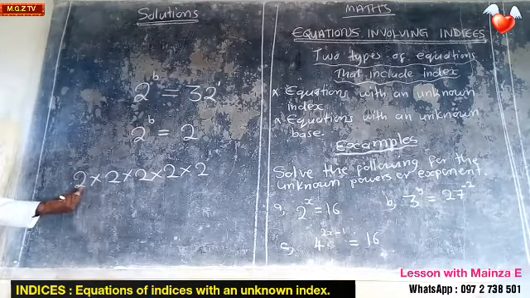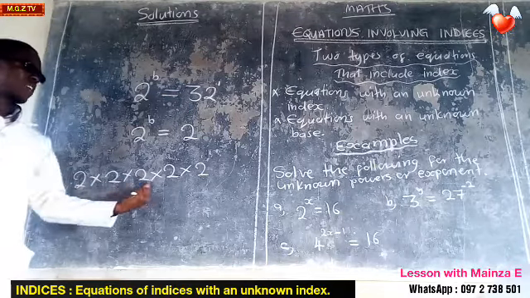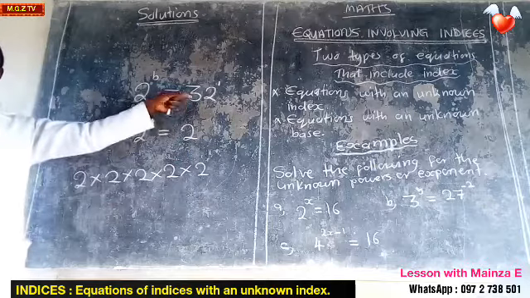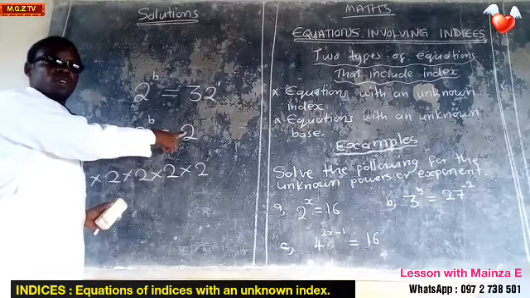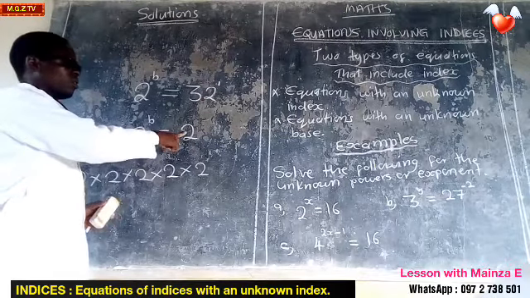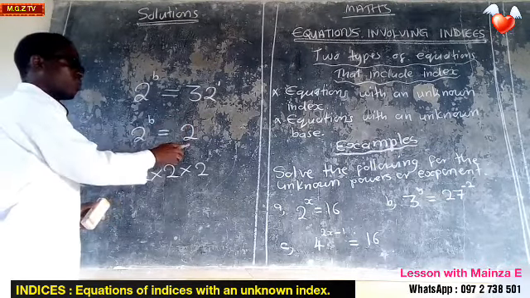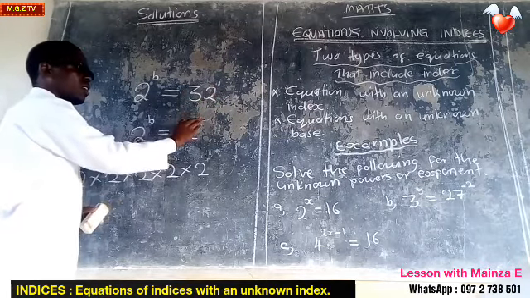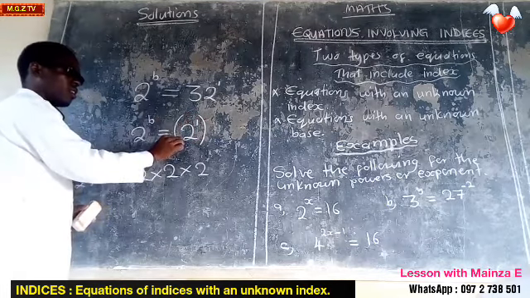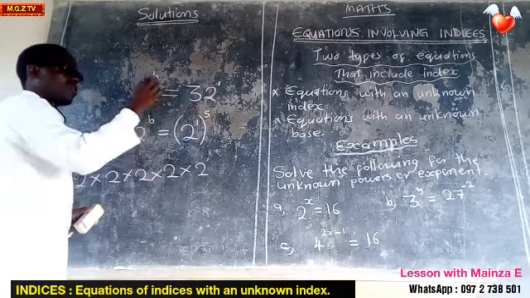Since 2 can be multiplied by itself 5 times to get 32, that 5 becomes the power for this one. So this number 2 has a power 1, and the power 1 just comes there in brackets. Then a 5 goes outside.